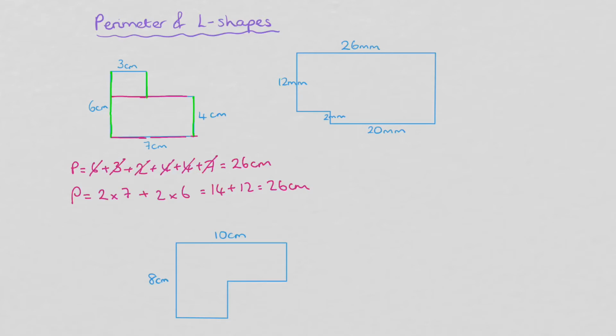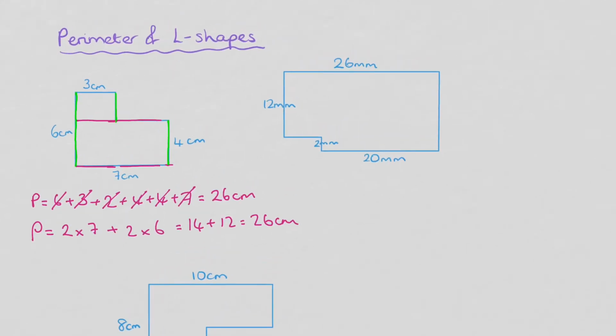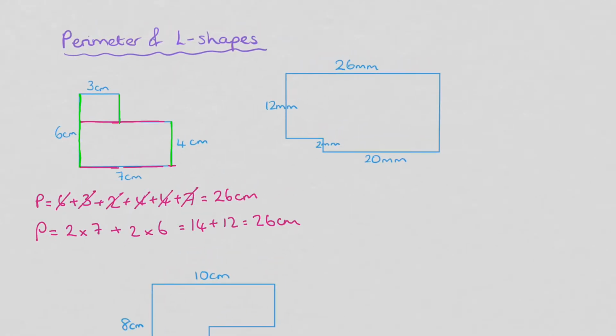Okay, so I think it's easier to do this without finding the lengths of the missing lines. Let's try that again with the next one. Okay, so to start with, if we look at the length all the way across the top, that's 26.